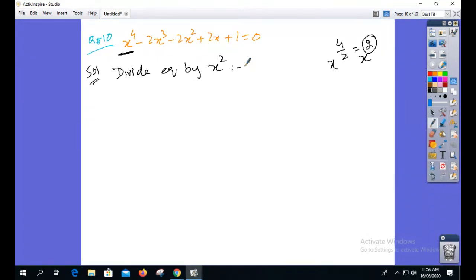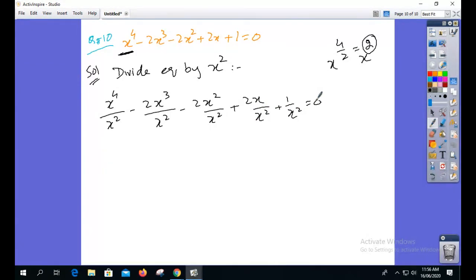So we move further. x4 by x square minus 2x cube by x square minus 2x square by x square plus 2x by x square plus 1 by x square equals to 0.